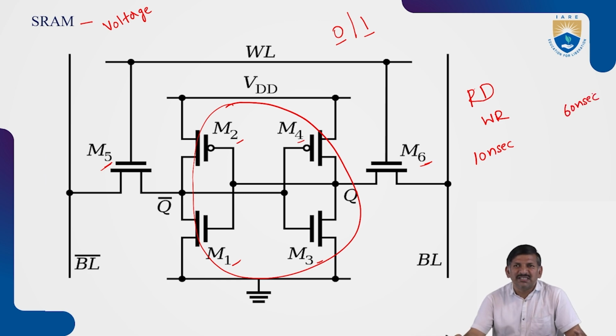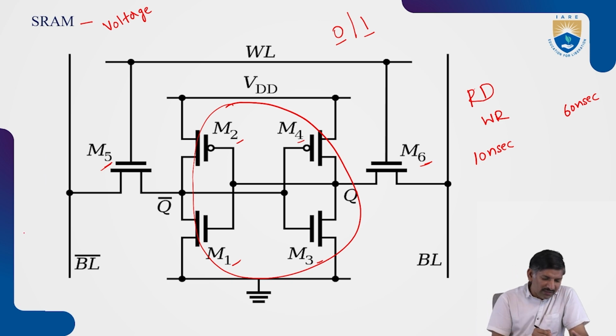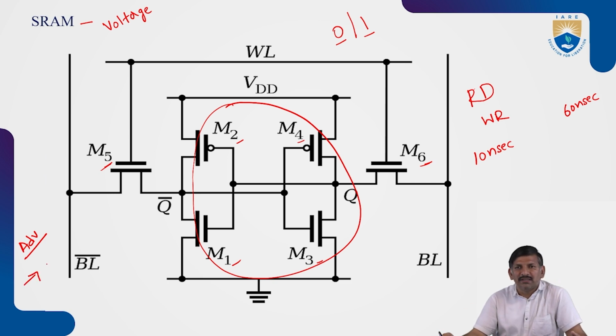So the accessing time from SRAM is less compared with DRAM. SRAM has more speed compared with DRAM: it takes only 10 nanoseconds, whereas DRAM takes 60 nanoseconds.